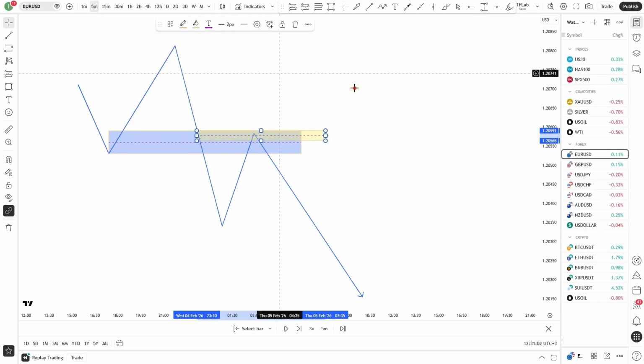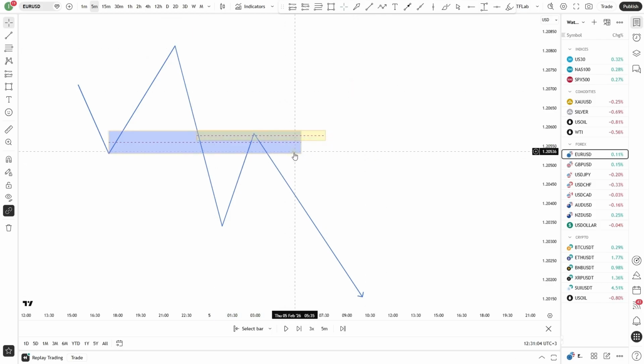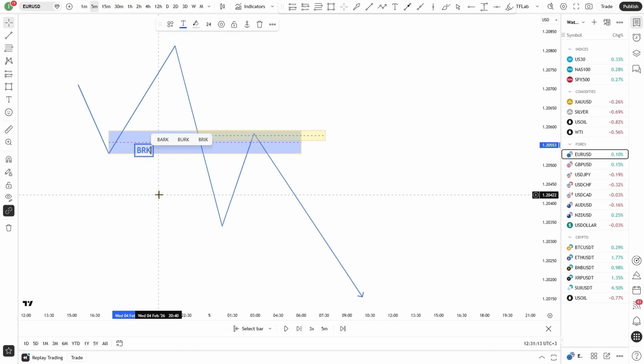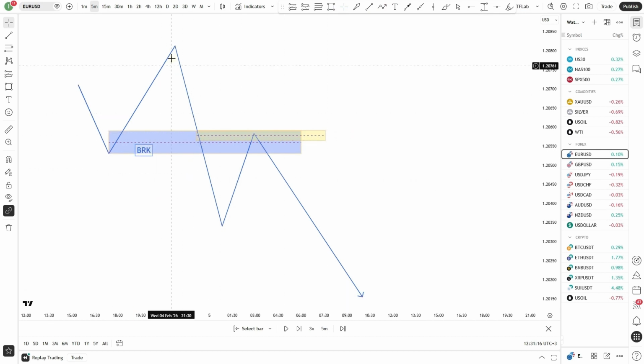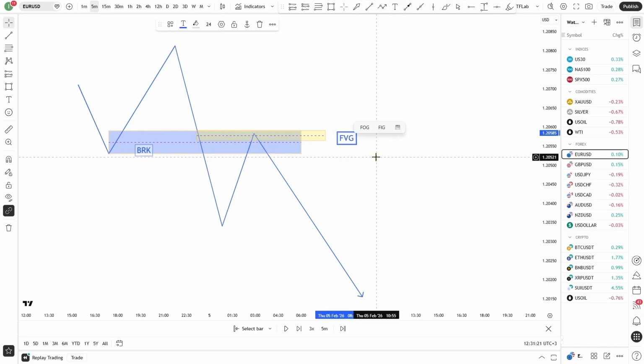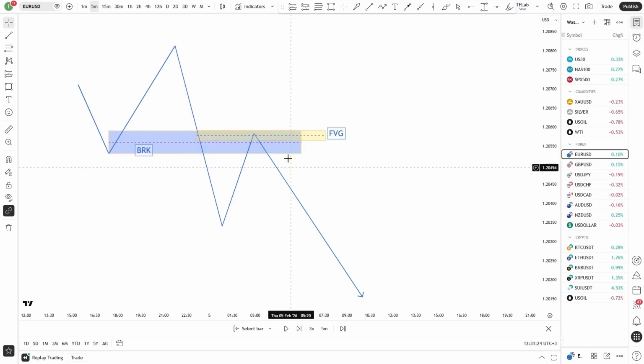So let me change the color of the FVG. Now this color means that this part, which is in my low, is a breaker. That's what I'm marking. As you can see, the breaker here, when it was broken, became associated with an FVG pattern. All these FVGs together have basically created a unicorn for me.